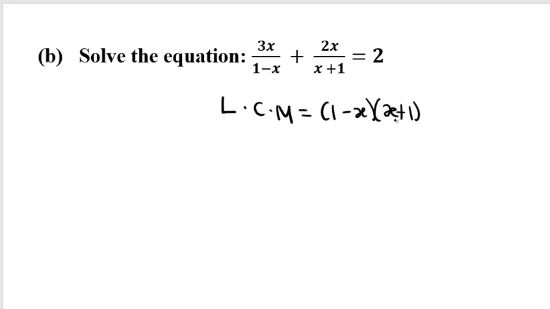What you have to do is multiply through by this LCM. So when you take each term, you multiply that by the LCM.